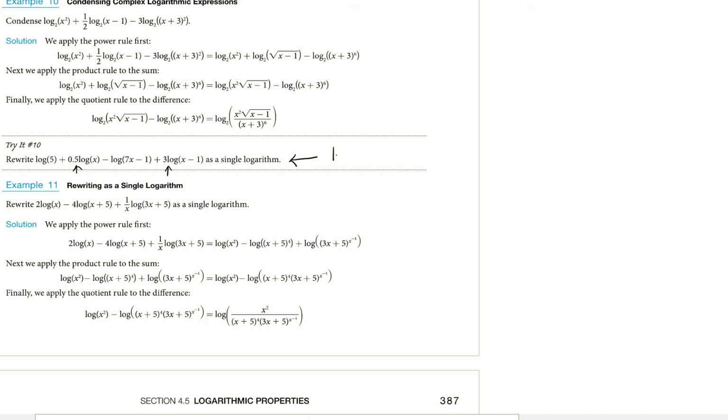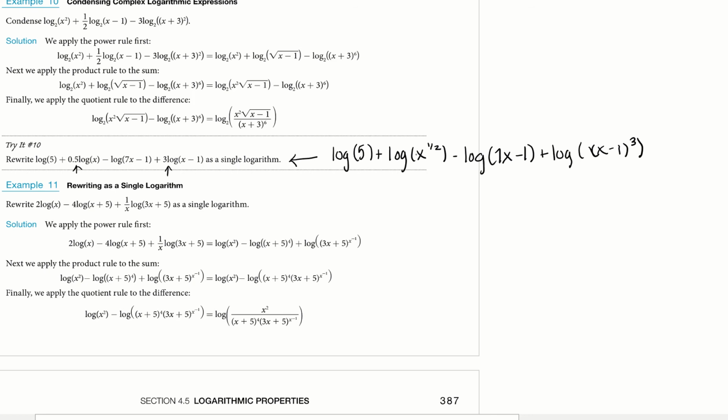So I'm going to go ahead with log 5 plus 0.5. I'm going to do that as half. Log x to the half, because that's a square root, minus log(7x − 1) plus log (x − 1) cubed.